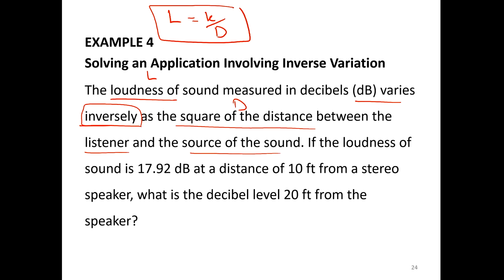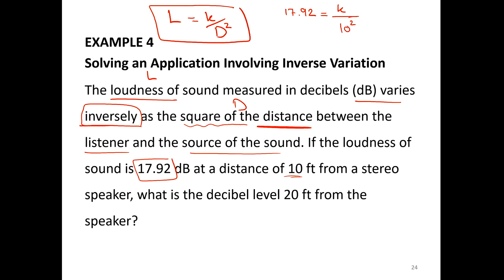If the loudness of the sound is 17.92 decibels at a distance of 10, the square of the distance is 10 squared.